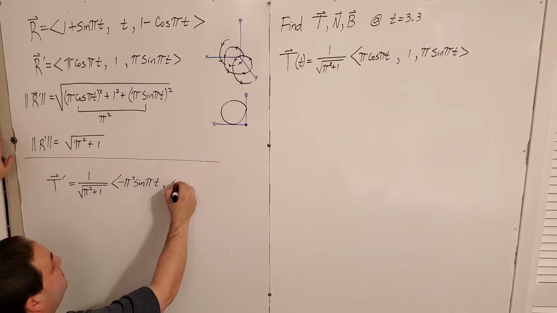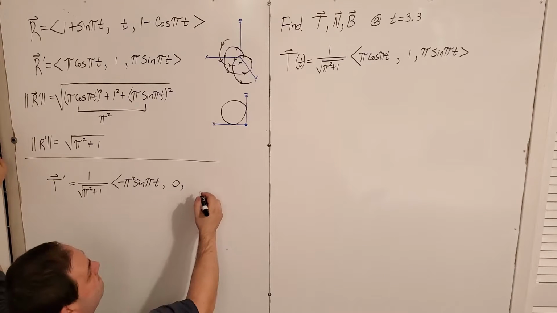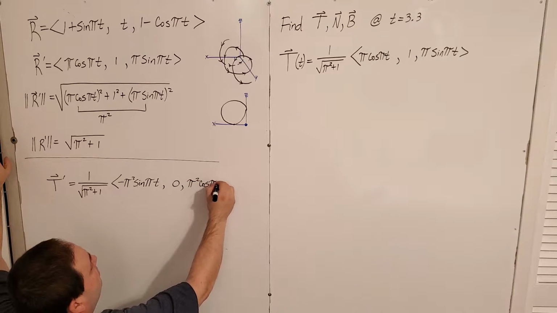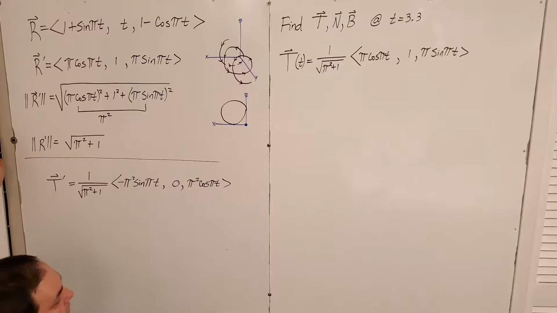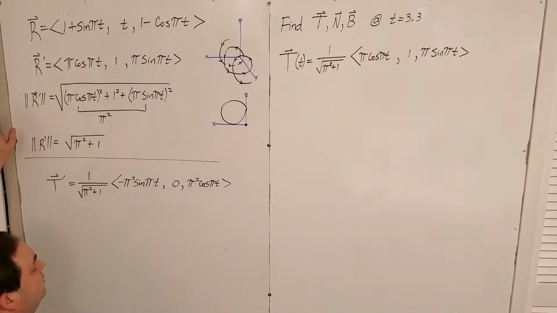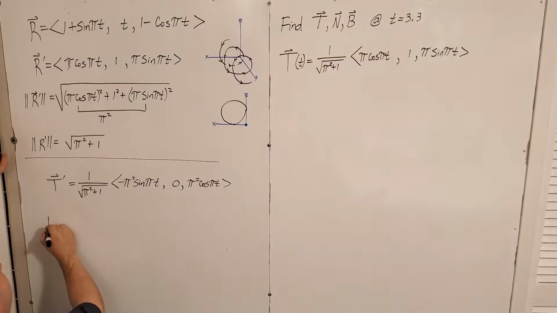Derivative of 1 is 0. And then pi squared cosine pi t. So I took the derivative, the multiplied number's still there. Now I want to get the length of that.